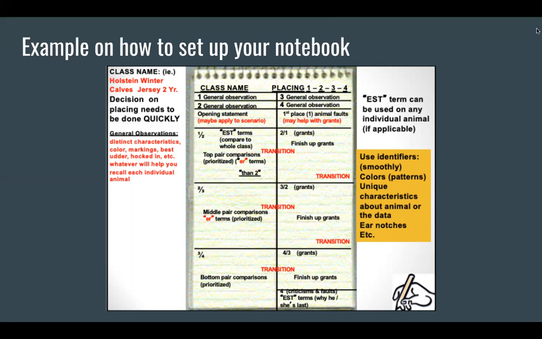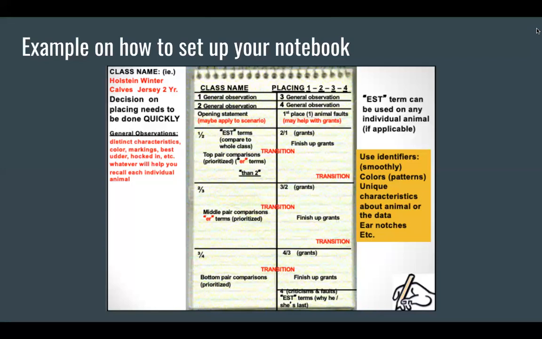And then otherwise you can use ER terms. So if 3 is actually the tallest, but 1 is taller than 2, go ahead and say taller. Now, don't lie if you don't want to say that 1 is the tallest if 3 is actually taller, because the judge knows, the judge has seen the class too, and you don't want to lie. You want to be accurate.